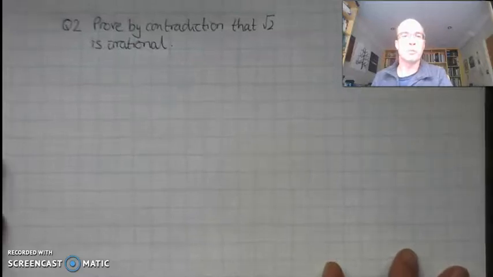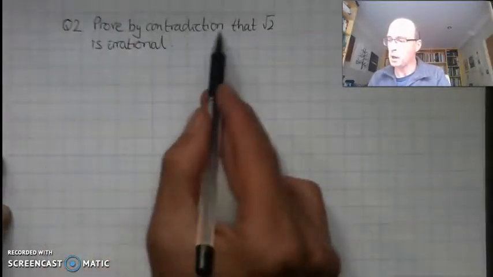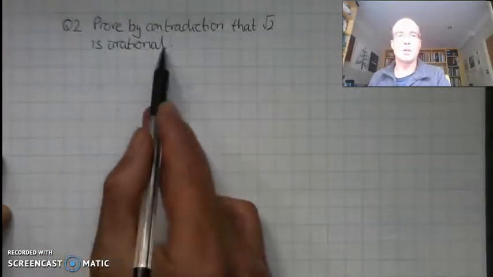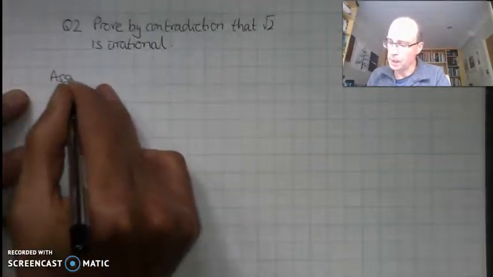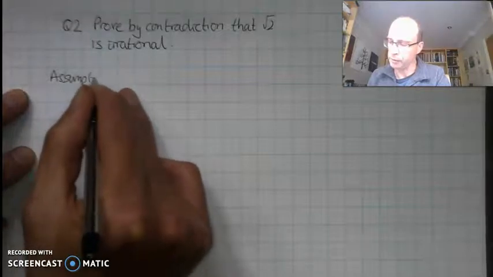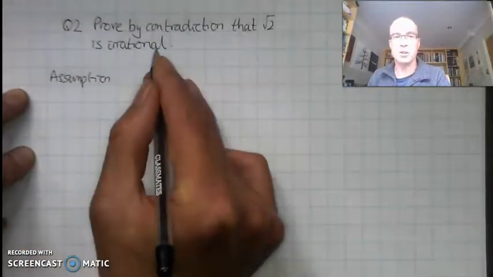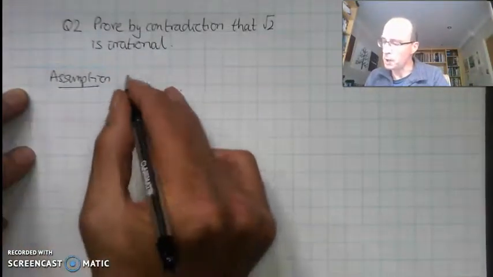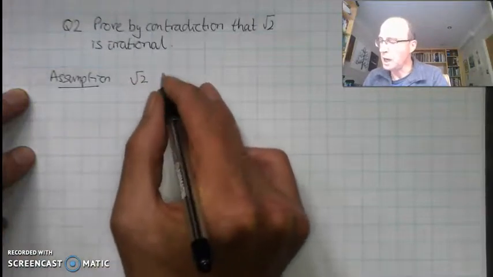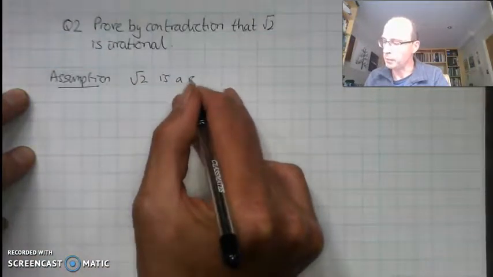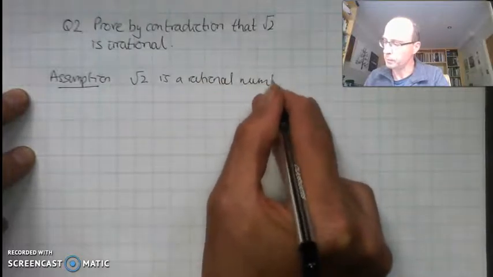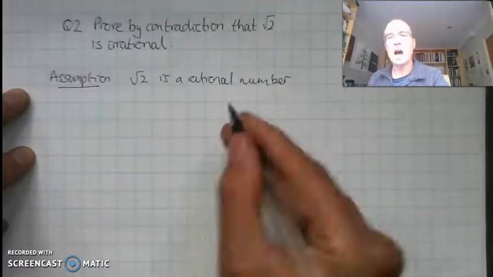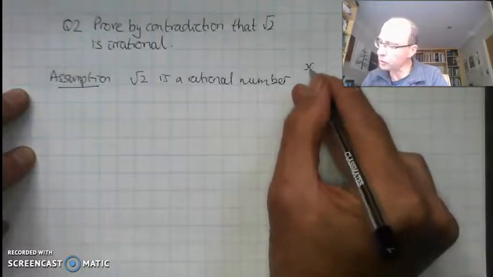So first things first, we've been told to prove by contradiction that the square root of 2 is irrational. So my assumption is going to be the opposite of root 2 being irrational. So my assumption is going to be that root 2 is a rational number and I'm going to call it x over y.